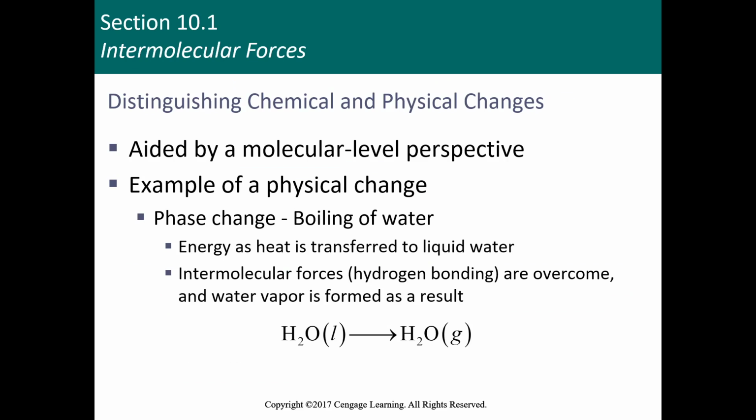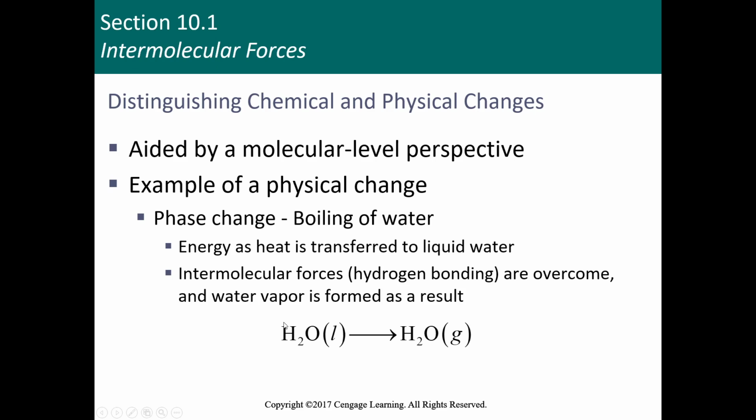All right, so how do you distinguish chemical and physical changes? This is aided by molecular level perspectives. A great example of this is phase changes. These are a type of physical change. Boiling water, of course, is going from liquid water to gaseous water. You take energy, transfer it as heat, and that heat will cause these liquid molecules to separate from each other.